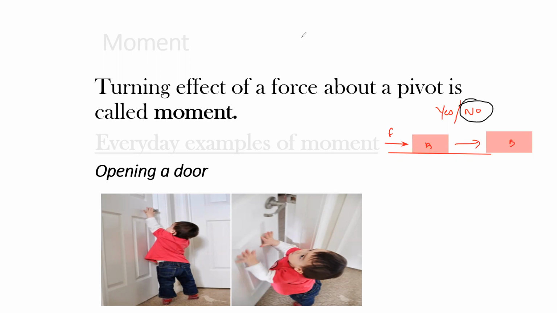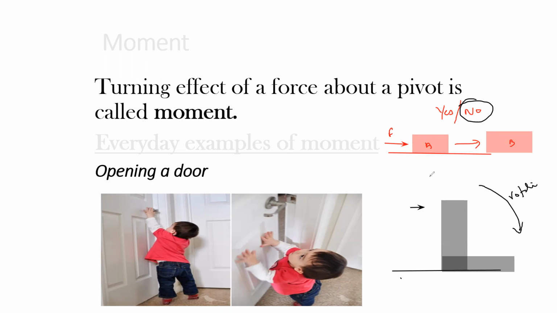But in another example, you have an object on the ground and you applied the force. When you applied the force, you observe that the object flipped, the object turned, or the object rotated.